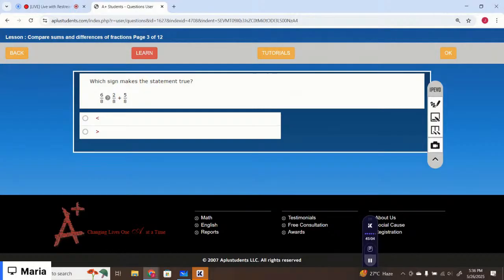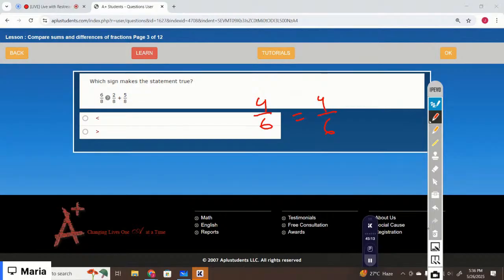Which sign makes the statement true? 6 over 8, compared to 2 over 8 plus 5 over 8. 5 plus 2 is 7 over 8.